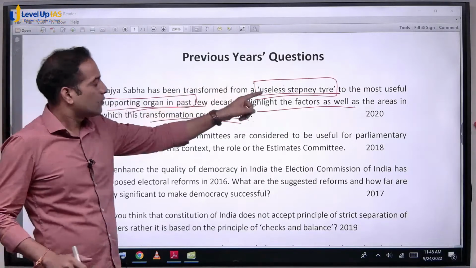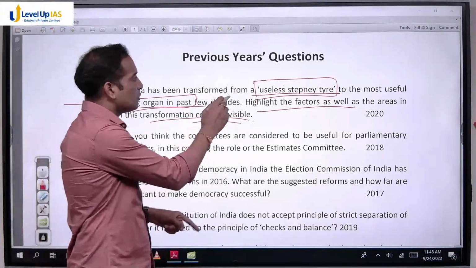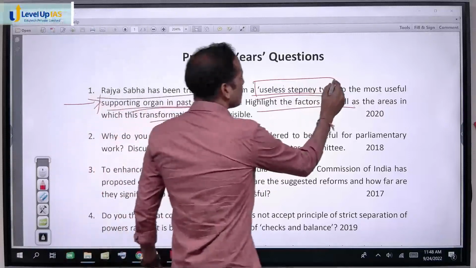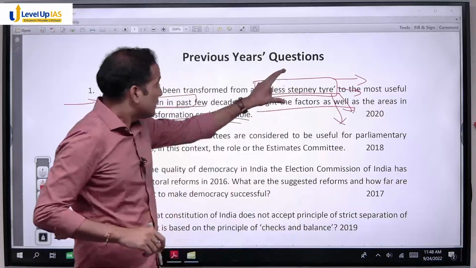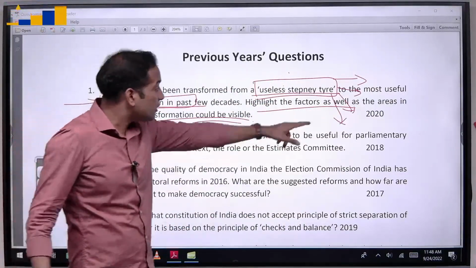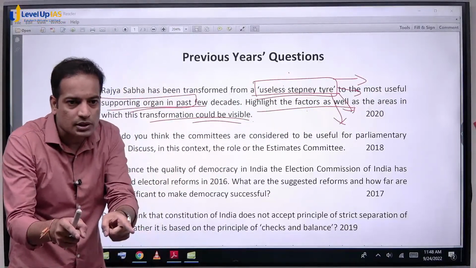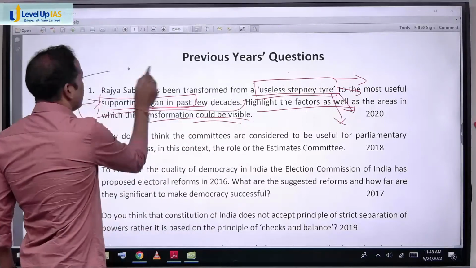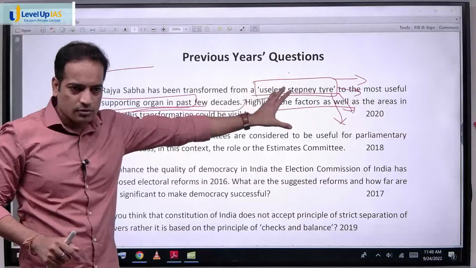Yes, 4 parts, but here only useless stepney tire, you can do 1 2 3 4. Keep this portion brief yet detailed, because this is the specific demand of the question. This is just one statement. We are trying to address this statement and the parts of this statement.